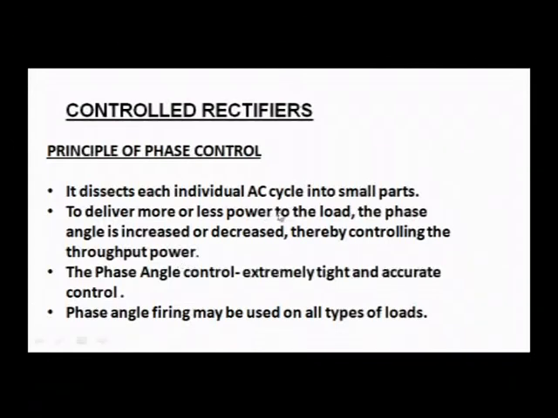That is why this phase angle control is an extremely tight and accurate control, because I can control the phase angle at which I give the trigger, and I can make use of this phase angle firing in all types of loads.